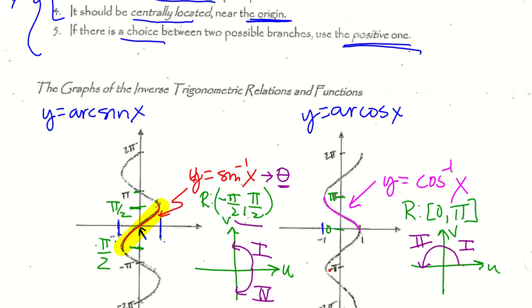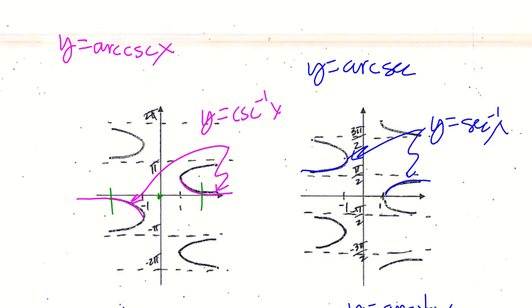When we look at our other inverse trig function graphs, we can notice that this cosecant is going between negative pi over 2 and pi over 2, that's its range.